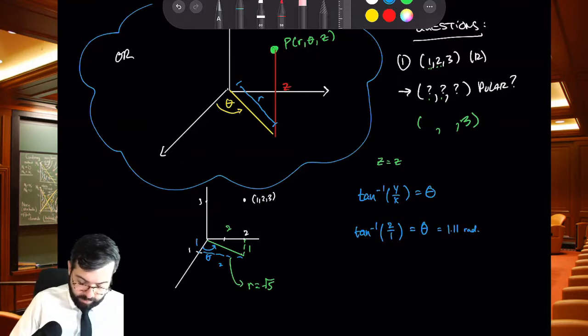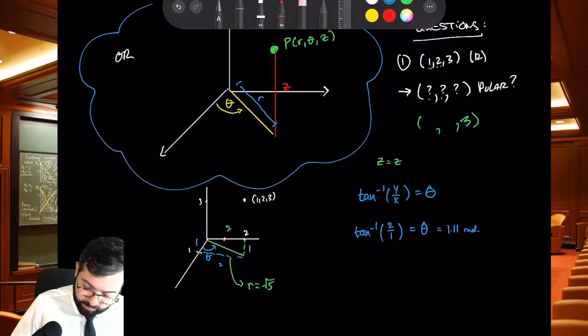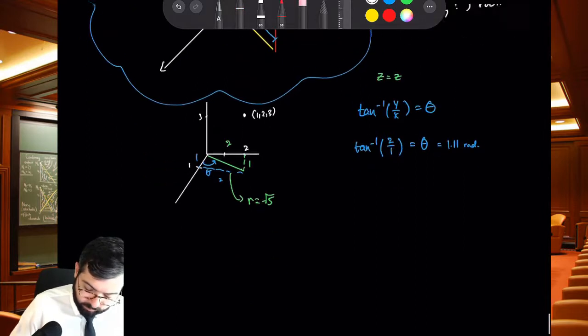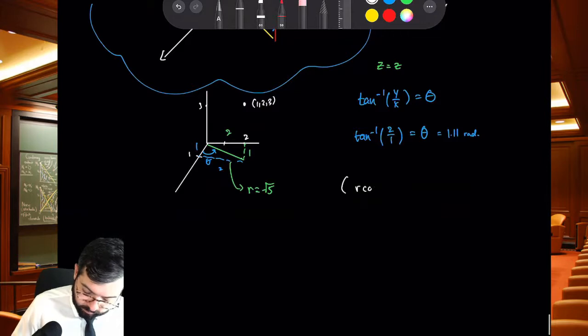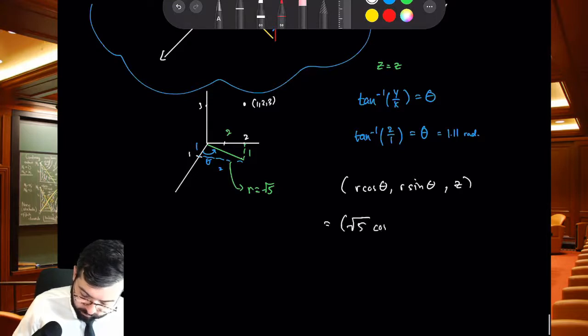So that's what we've got for these two guys. So our cosine, let me drop this down, make this a little bit bigger. Radical 5, sine of 1.113.